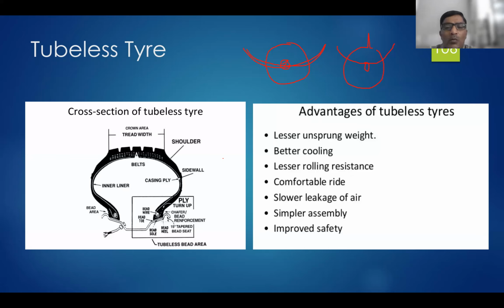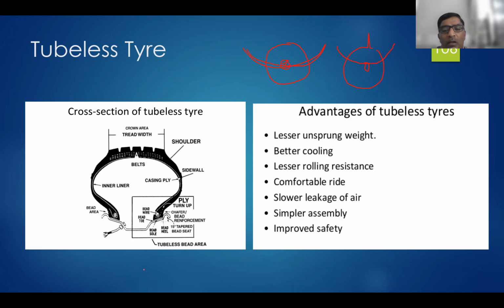Again, a tubeless tire will have lesser rolling resistance, give a comfortable ride, and have slower leakage of air, due to the structural design or the rubber property, along with simpler assembly and improved safety.